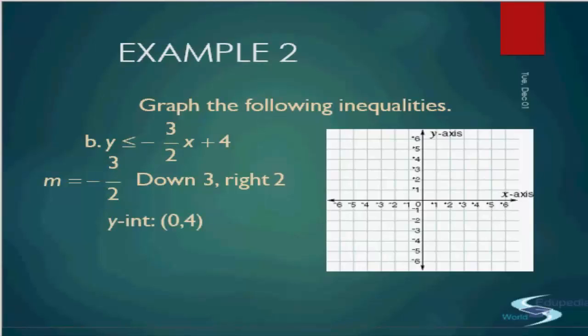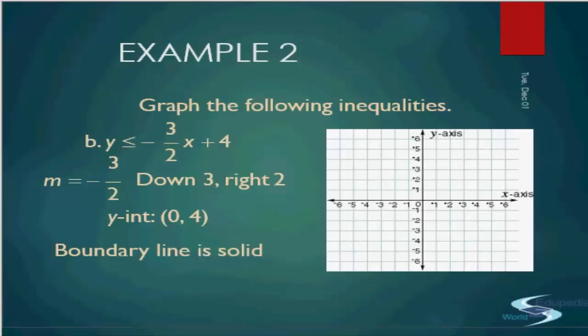Once you have done that, one thing that you need to understand is whether this is going to be a solid line or a dashed line. This is one of the things that we figured out in the previous example. One of the things that the graph is going to show is whether the line is going to be a solid one or a dashed one.